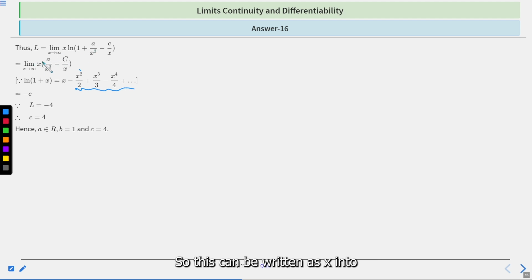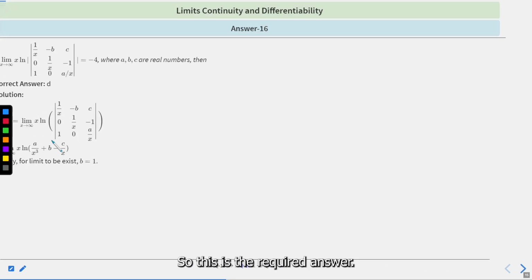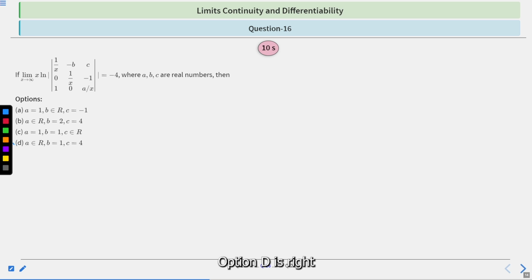This can be written as x times (a/x^3 - c/x). When x tends to infinity, the first term is 0, so -c/x times x, and x cancels out, so it is -c. So -c is equal to -4, the limit. So c equals 4, right? Hence the answer is a belongs to real, b equals 1 and c equals 4. So this is the required answer. Option D is the right choice.